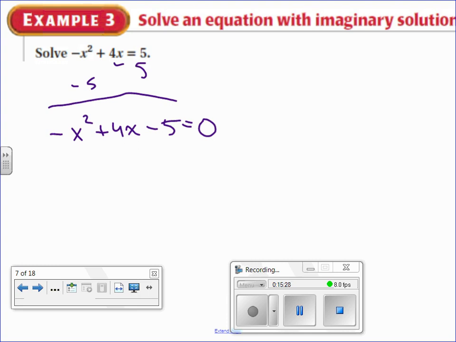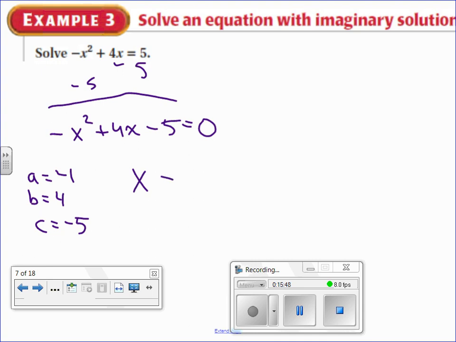What are my a, b, and c values? A is negative 1, B is 4, and C is negative 5. So I guess we're lucky we have a positive B value. That's nice. All right, let's start singing slowly.